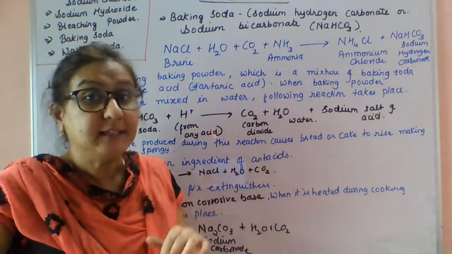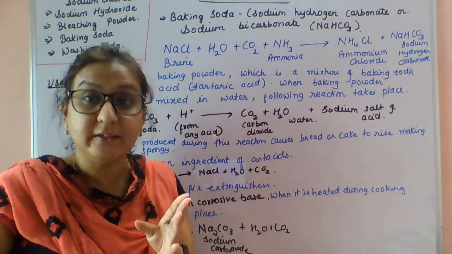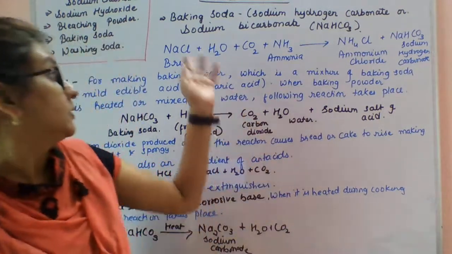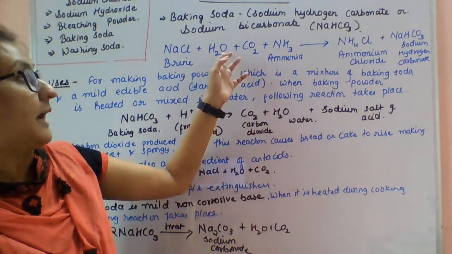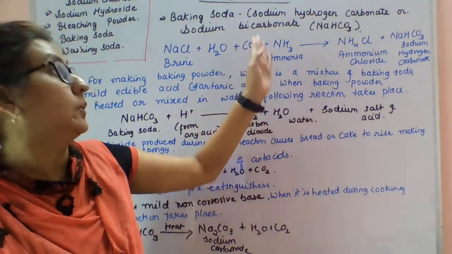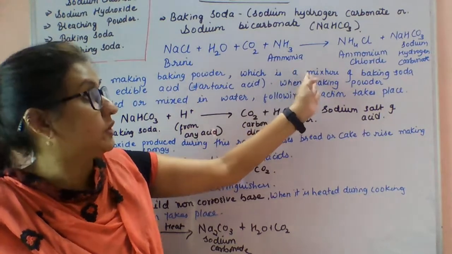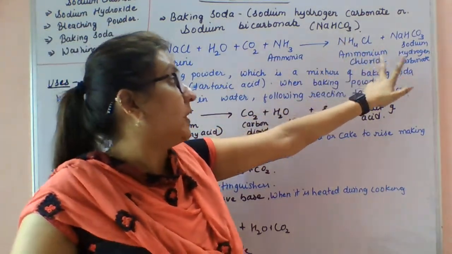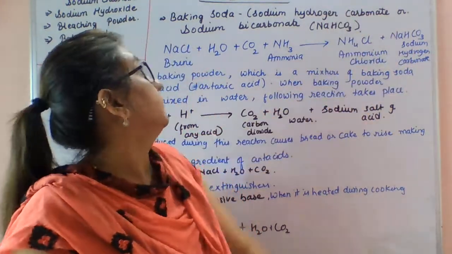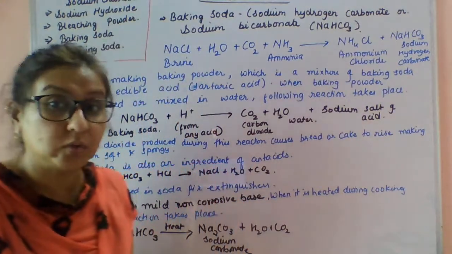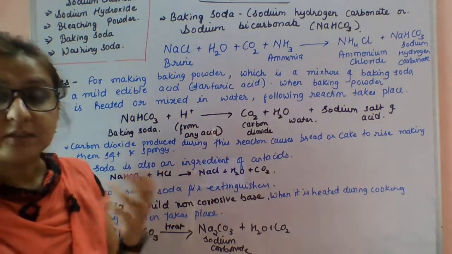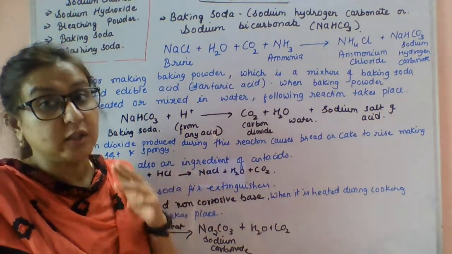As a raw material, NaCl is used, in the form of a brine solution that I explained to you. Brine solution means salt plus water. So when brine, NaCl, is combined with water, CO2 and ammonia, NH3, it yields ammonium chloride, NH4Cl, and sodium hydrogen carbonate, that is baking soda, NaHCO3.